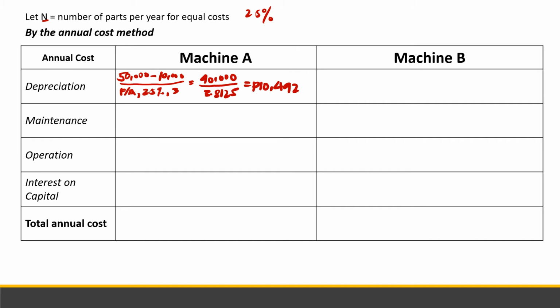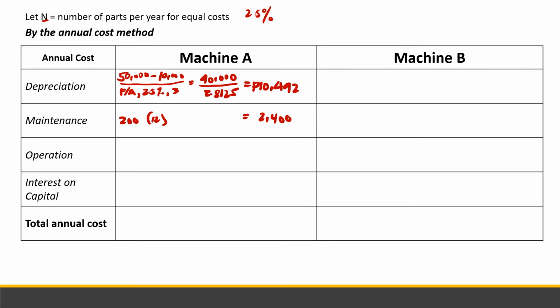So next is the maintenance. So on maintenance, meron tayong monthly maintenance cost of 200 pesos for machine A. So multiplied by 12 months because 1 year yung kinocompute natin. So this should be equals to 2,400.